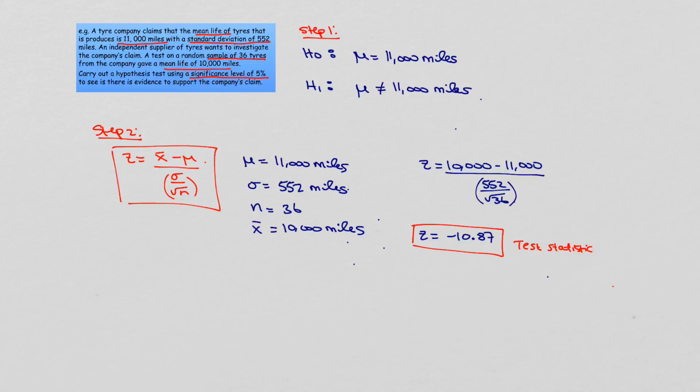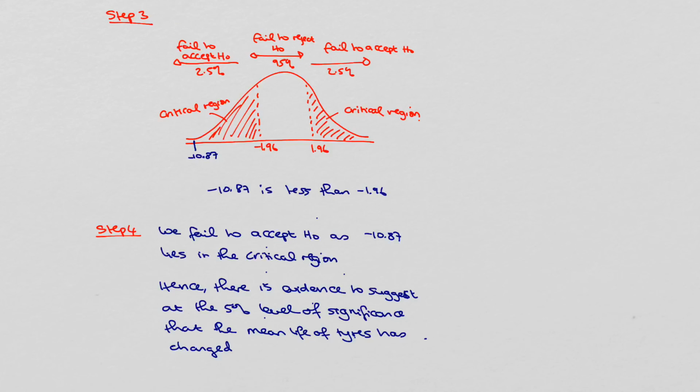So the company's claim is basically false, really. But again, we're not 100% certain of that. We can never be 100% certain in our statistics research. So we only conclude that there's evidence to suggest at the 5% level of significance that the mean life has changed, based on the fact that our test statistic is lying in the critical region.